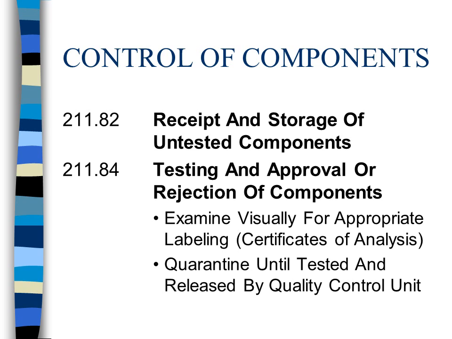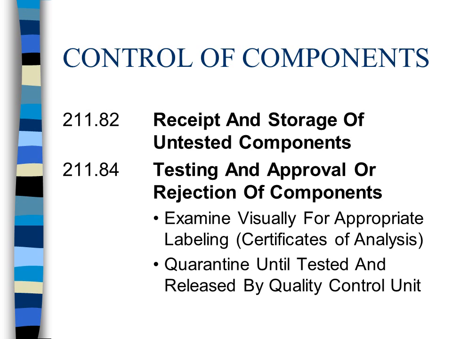Receipt and storage of untested components. As a driver, you won't have any untested components. In the warehouse, they may have. For example, when they receive a bulk fill, whether it be oxygen or nitrogen, or in Kansas City's case, nitrous oxide.